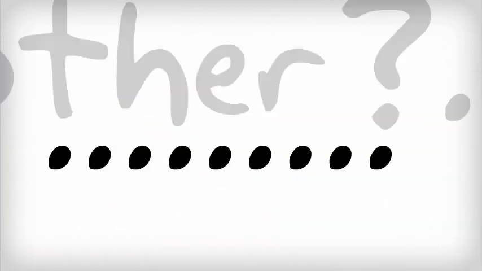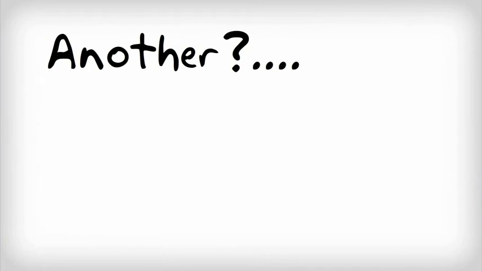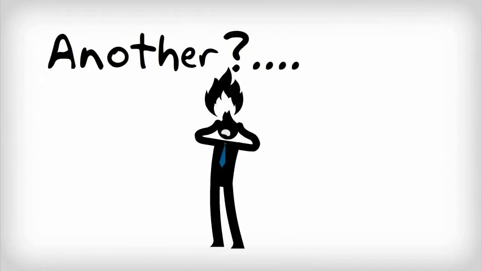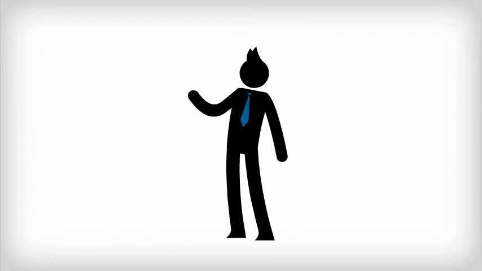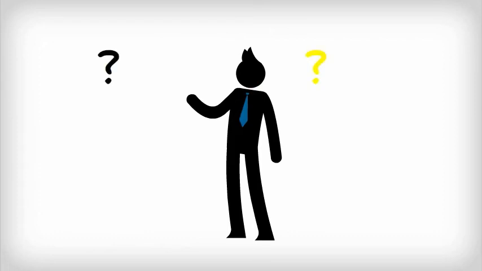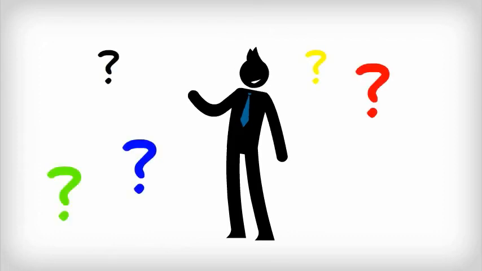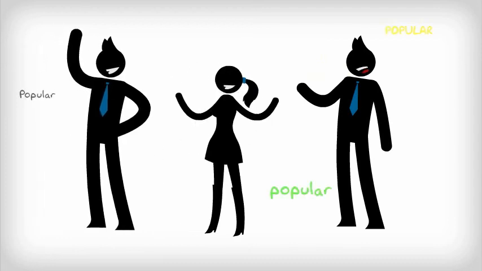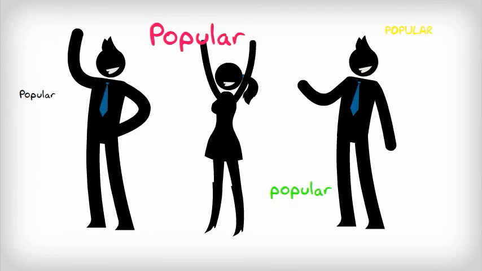Do you have another joke? I do actually. This one's even funnier. What do you call an accountant seen talking to someone? An accountant? I don't know. Popular. Oh, I get it. Okay, now back to work.